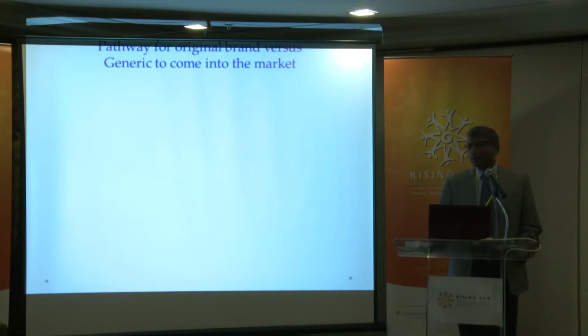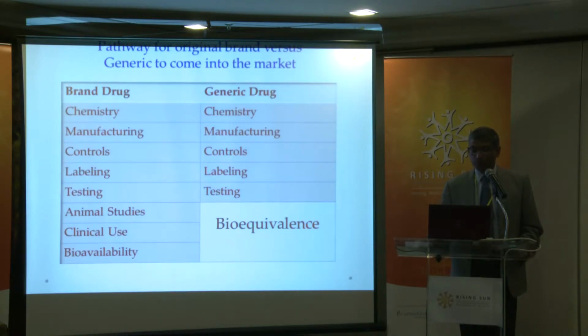There are, as you know, various pathways before a drug approval comes through, before it can be used in human subjects. The innovator always has the hard thing to do as far as approvals are concerned. When we look at approvals for a new drug which comes to the market, you have to look at the chemistry of the drug, the manufacturing, the controls, how it can be labeled, what the indications are, and what testing you have to do.